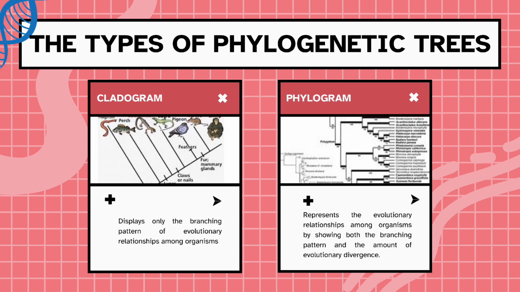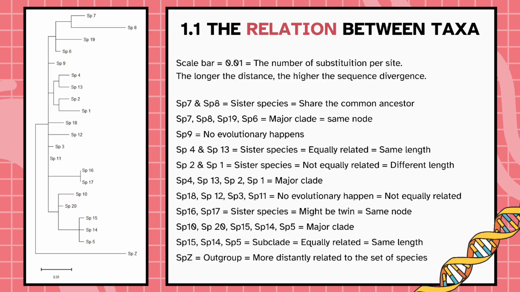Next, phylogram represents the evolutionary relationship among organisms by showing both the branching pattern and the amount of evolutionary divergence. In short, cladogram shows related characteristics, meanwhile phylogram shows evolutionary and genetic distance.